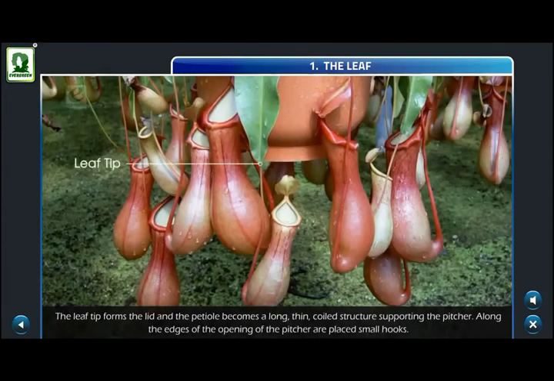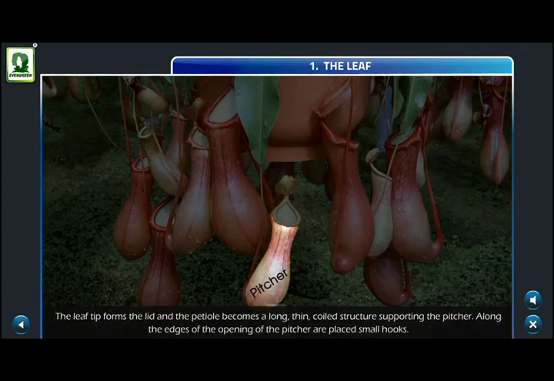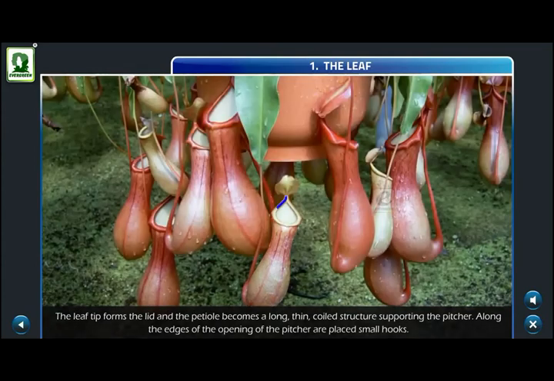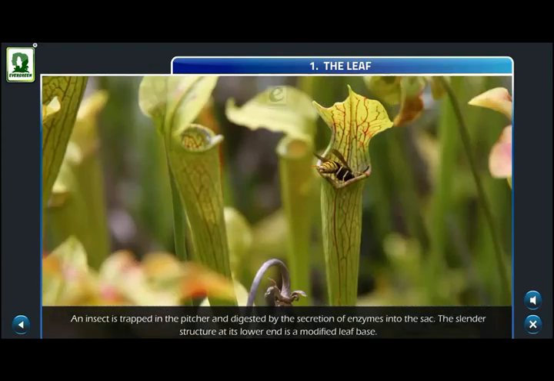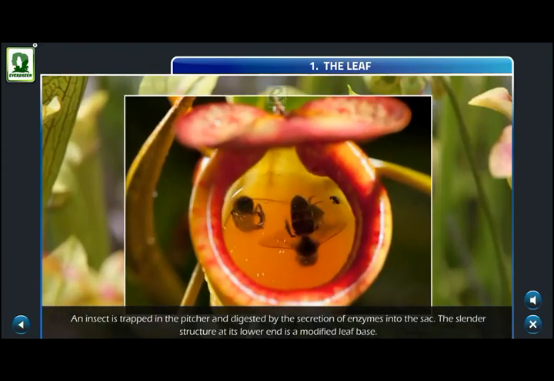The leaf tip forms the lid and the petiole becomes a long, thin, coiled structure supporting the pitcher. Along the edges of the opening of the pitcher are placed small hooks. An insect is trapped in the pitcher and digested by the secretion of enzymes into the sac.